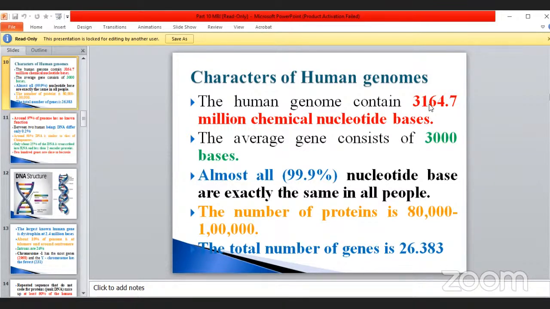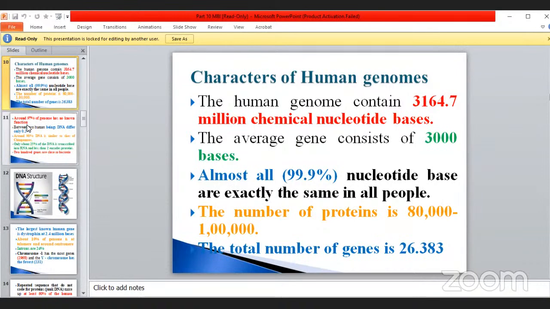So this is very, very important. This also tells how much will be similar, how much will be dissimilar, and how many proteins are present. This entire genome encodes these number of protein molecules. This is the point: the total number of genes present is 26,383.